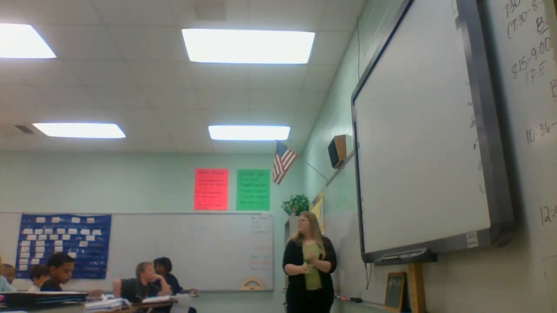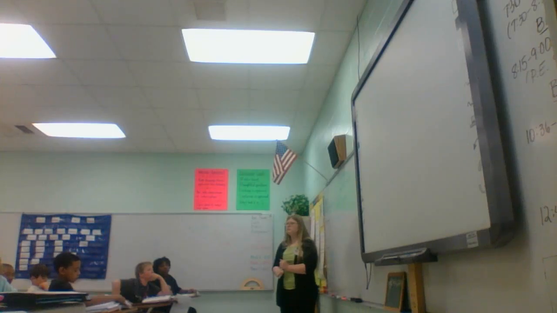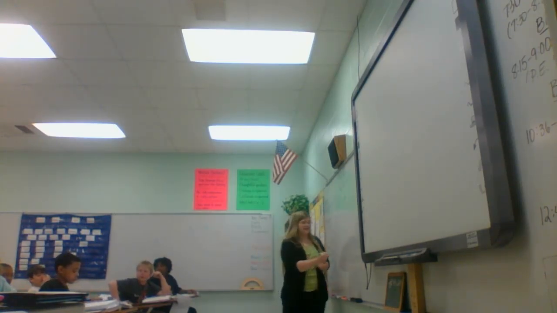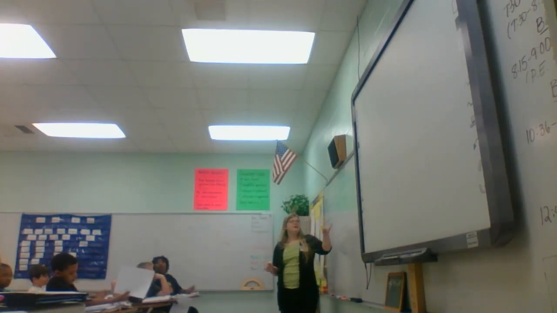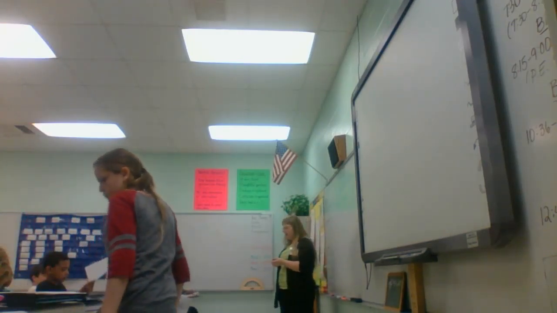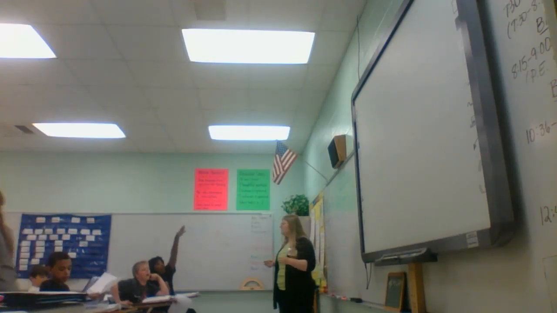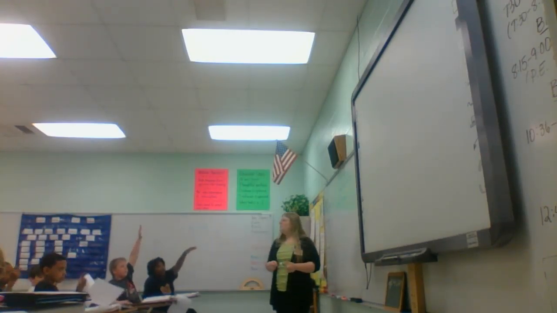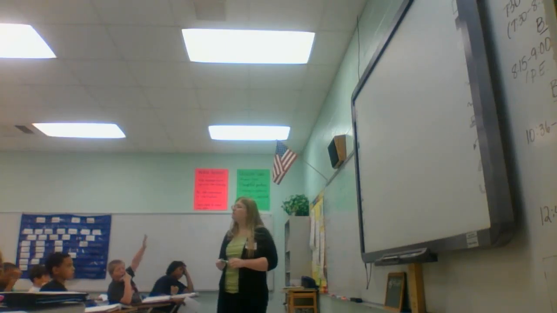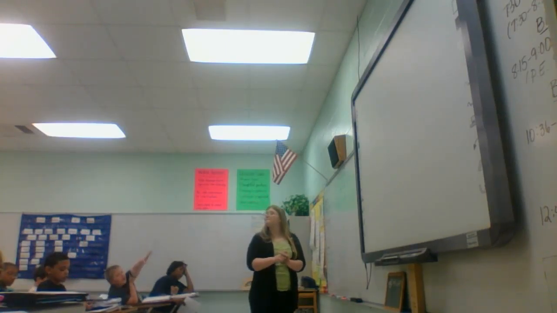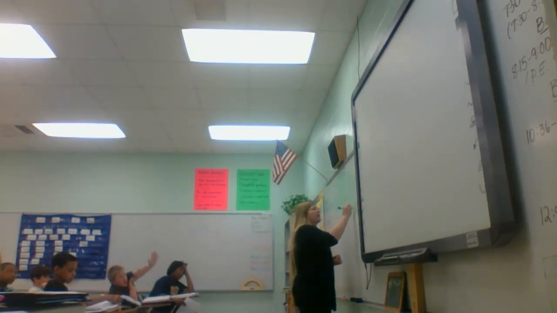And for four, Joshua? 36. Okay, so what were we doing when we were figuring this out? What was our equation that we were using? What was our equation, Dan? Okay, n times 9, 9n.